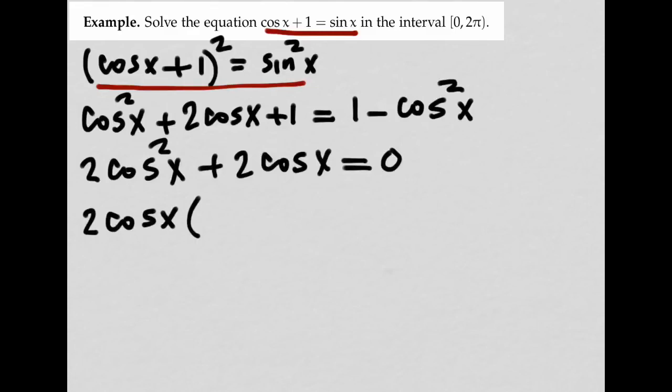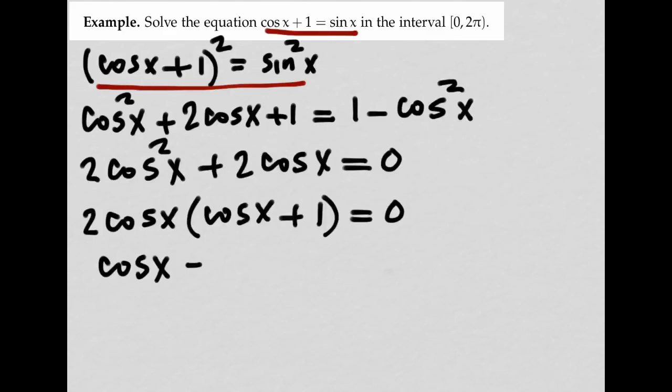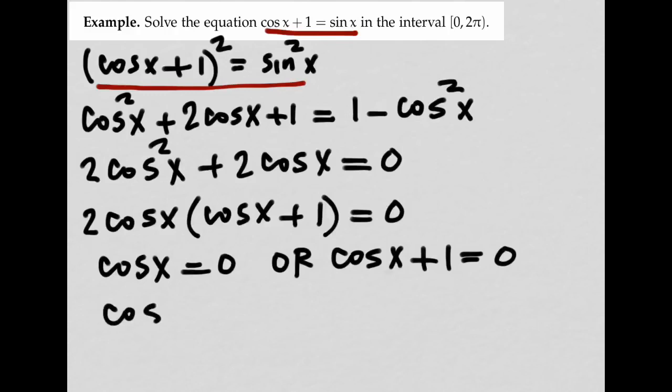We have 2 cosine x times cosine x plus 1 equals 0, which tells us that cosine x equals 0 or cosine x plus 1 equals 0, which tells us that cosine x equals 0 or cosine x equals negative 1.